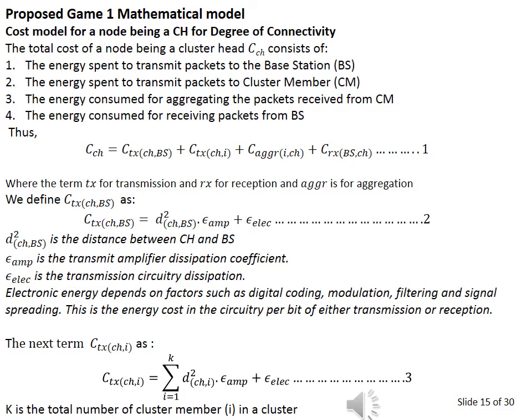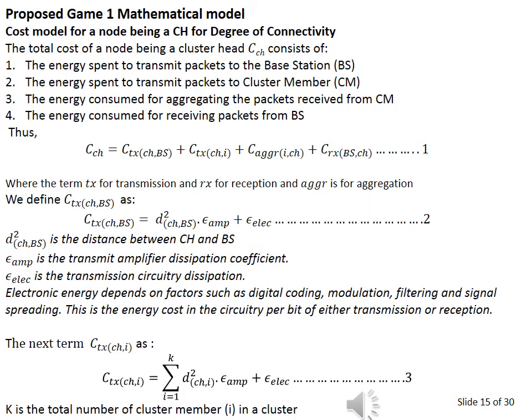Okay, dear students, look into the slide in detail of the proposed game 1 mathematical model. This is the cost model for a node being a cluster head for degree of connectivity. Especially 4 main steps have to be considered while calculating the energy cost.